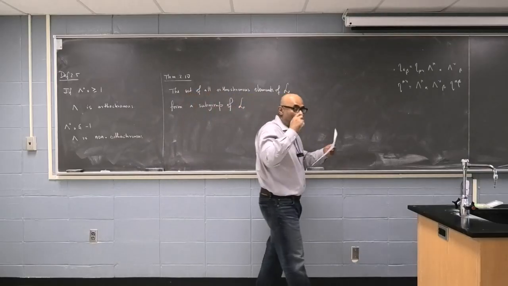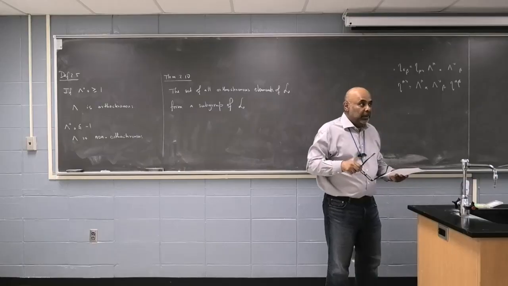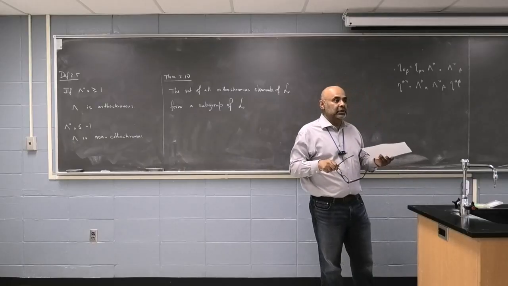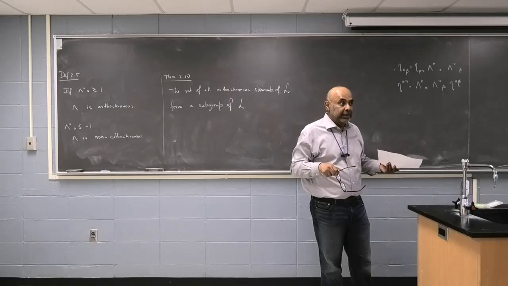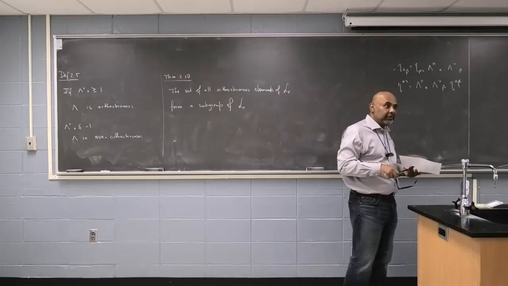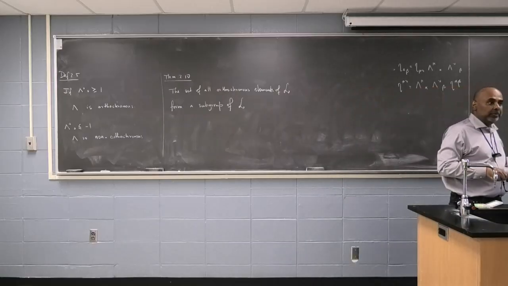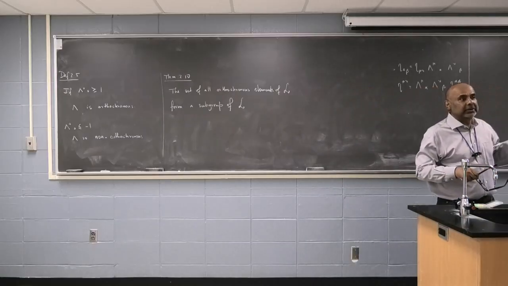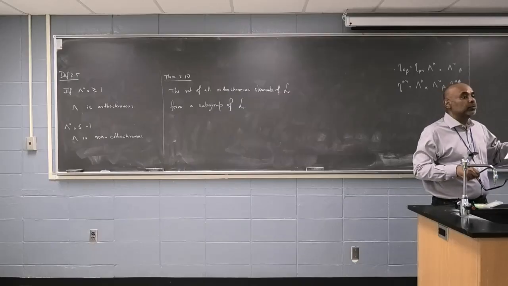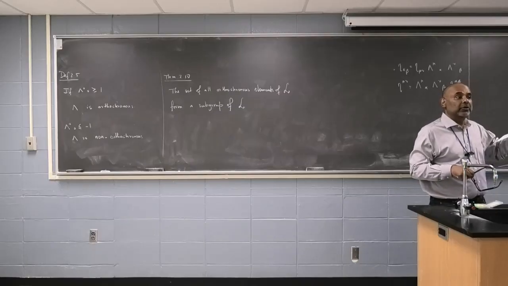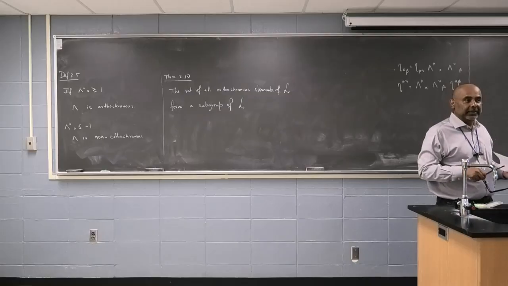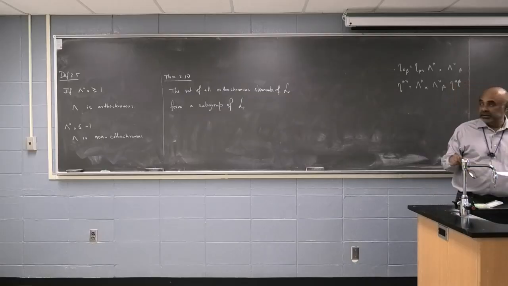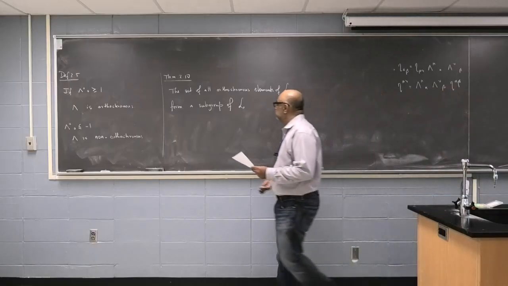It means it's not all of L, but those elements whose lambda 0,0 is greater than 1 form a group by itself. So if you have an element in that group, its inverse is also in that group. So the inverse matrix will also have lambda 0,0 greater than or equal to 1. And if you multiply two of them, you're going to again get the same thing. So here's the proof.